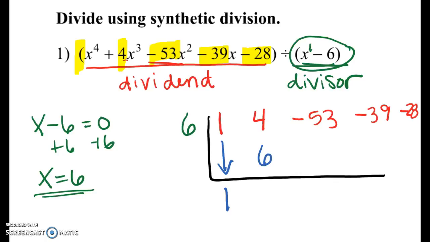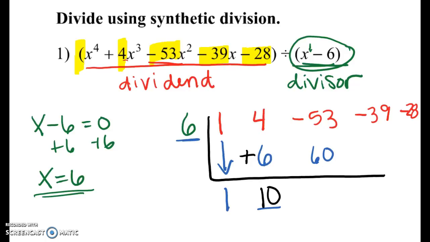Next we're going to add these up. So if I add, I have 6 plus 4 gives me 10. Now I'm going to multiply the 6 and the 10, and I'm going to get 60.